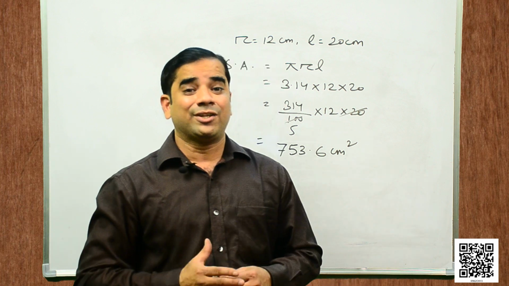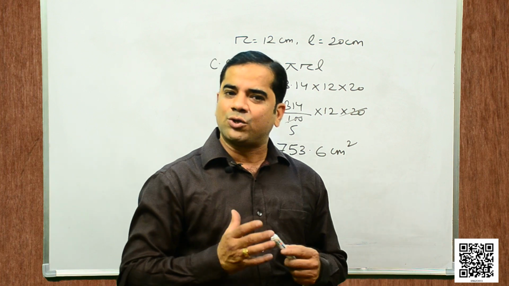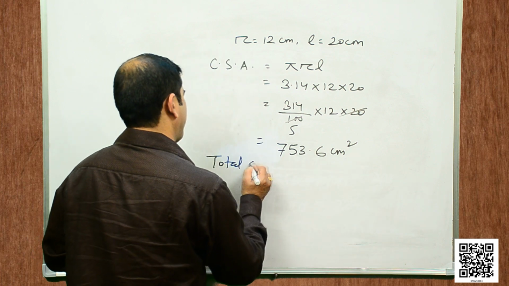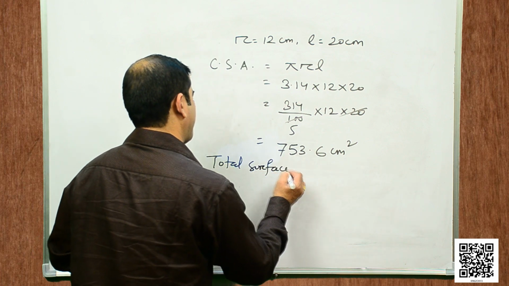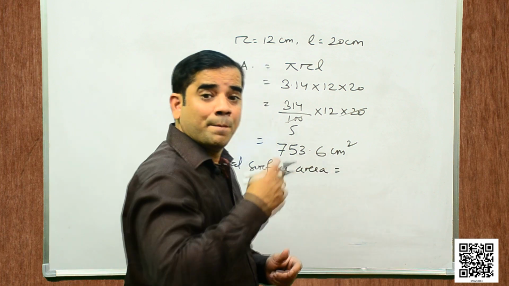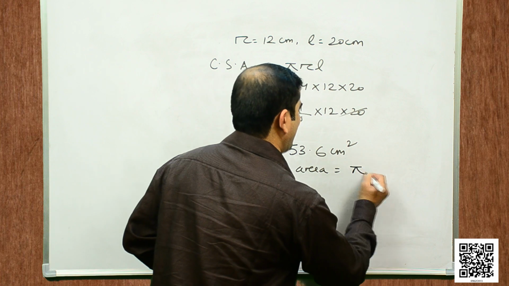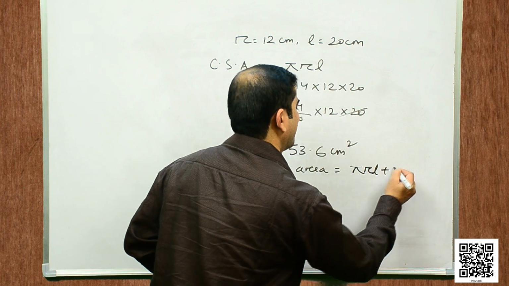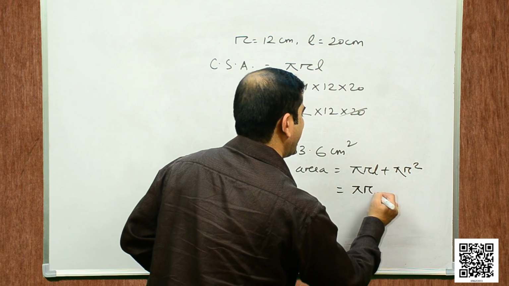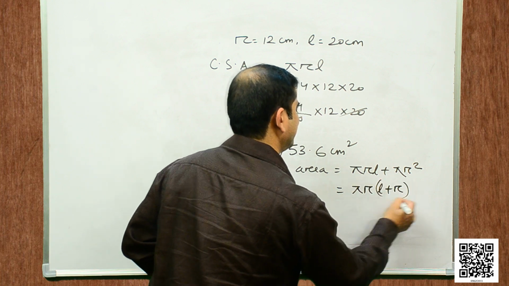Now, let us find out the total surface area. What is total surface area? It is equal to pi r L plus pi r square, or we can write pi r (L plus r).